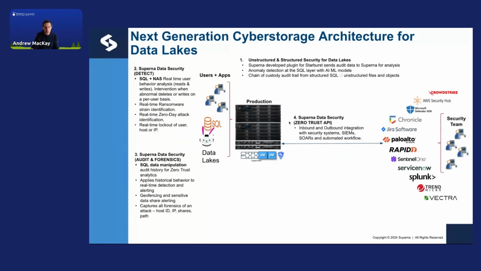Now, the most important part is, where does this information go? Well, today the average enterprise has 70 different security tools. We are, of course, a new security tool, but we natively integrate with all of the mainstream security vendors. You can see here, CrowdStrike, Palo Alto, Rapid7, SentinelOne, Splunk, ServiceNow.